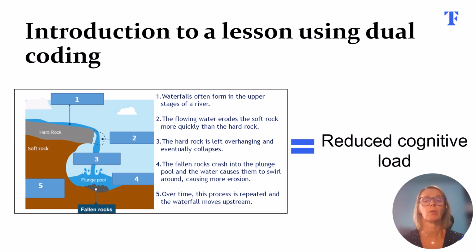So you can see here that we've got number 1, waterfalls often form in upper stages of the river, and there is an image to describe it, and so forth with the next 4 stages. This is more effective as it allows pupils to associate each step, have an understanding that there are 5 different steps, and have a visual aid to support them.